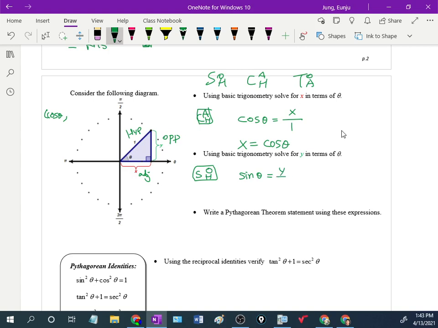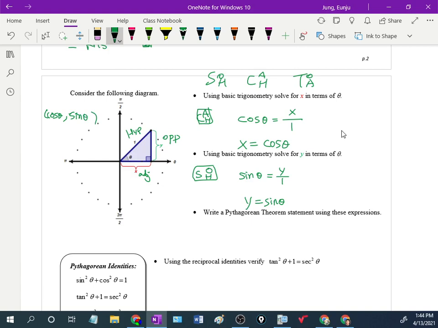Opposite over hypotenuse, which is 1. So y will be sine theta. So every point on the unit circle has the ordered pair cosine theta, comma, sine theta. That's why we have this right triangle in a unit circle.